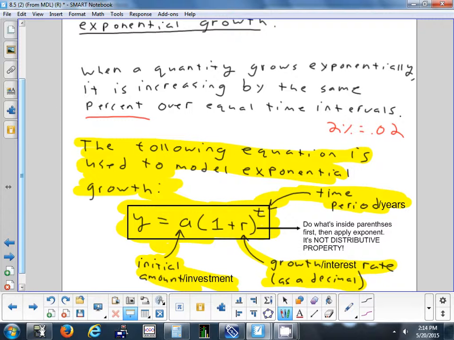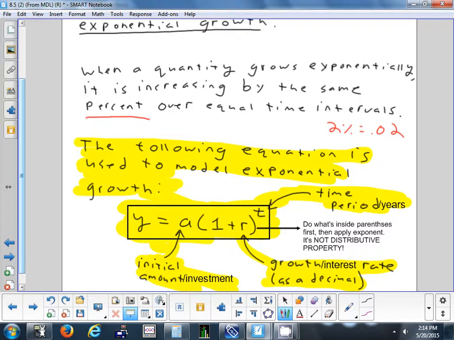And T is the time period, usually in years. For all your problems, it'll be in years. So to use this formula, you need 3 things: A, R, and T. Does everyone have this formula written down?